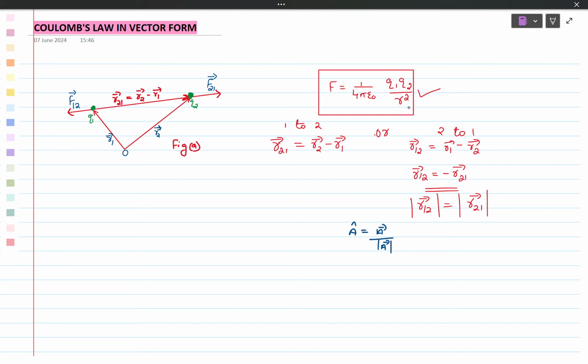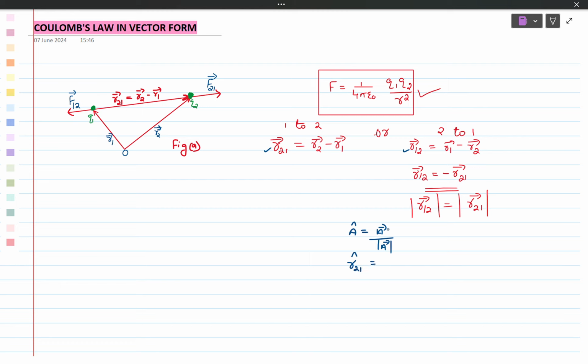So here, instead of r, we have to consider these two, r21 and r12.